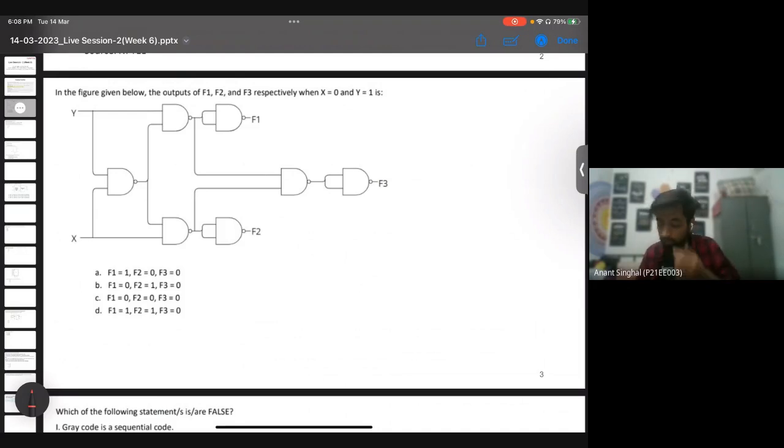That 2-bit magnitude comparator will cover all three types of possibilities: either y will be greater than x, y will be less than x, or y will be equal to x. I'll repeat again.